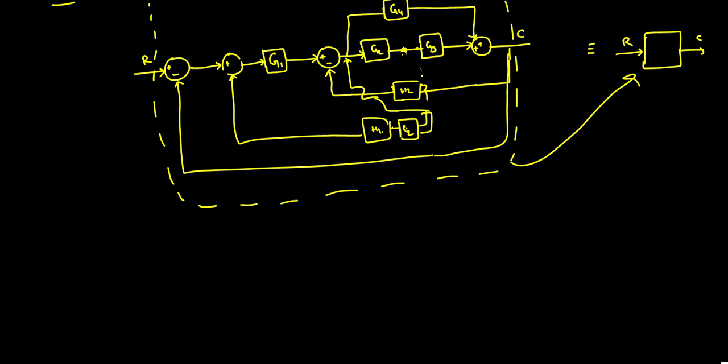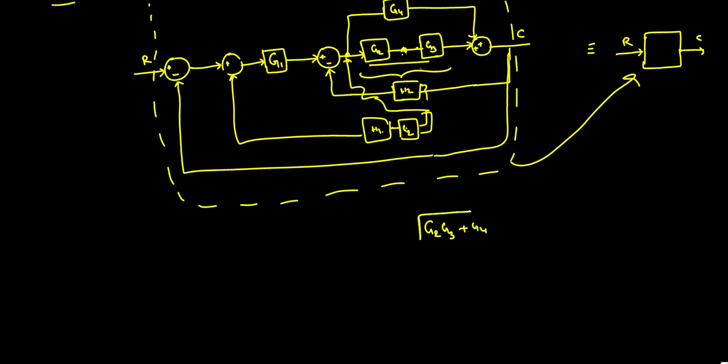Now here if you see, G2, G3 are in cascade fashion, and for this G4 is also getting added, and G2, H1, G2 are also in cascade fashion. So now the block is completely reducing. You can observe the block is completely reducing. This particular block reduces to G2, G3 plus G4.